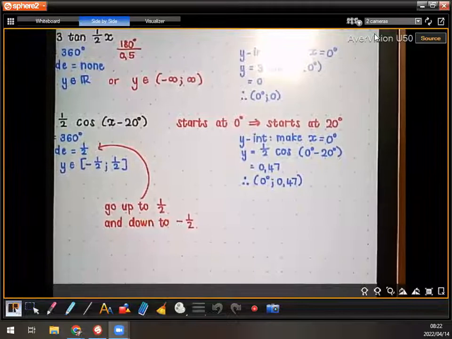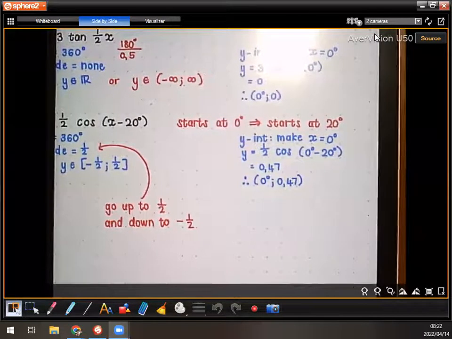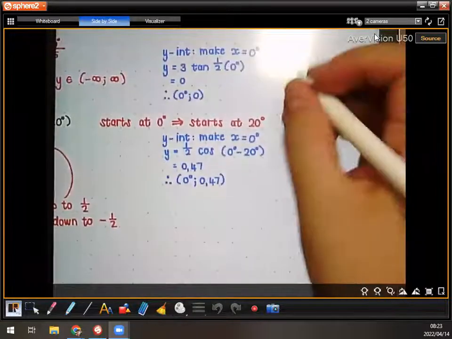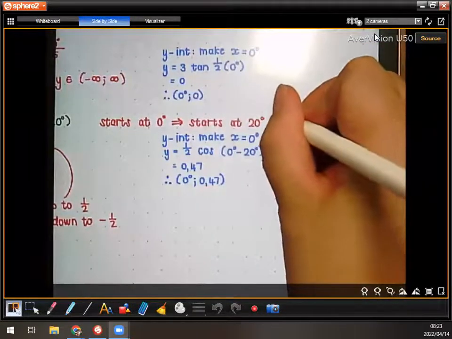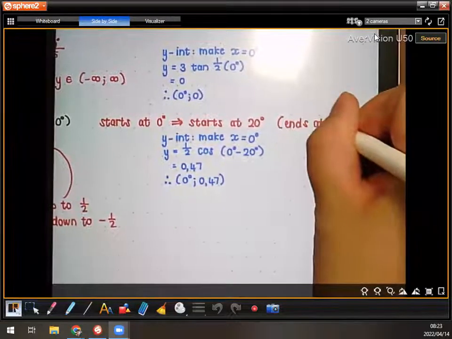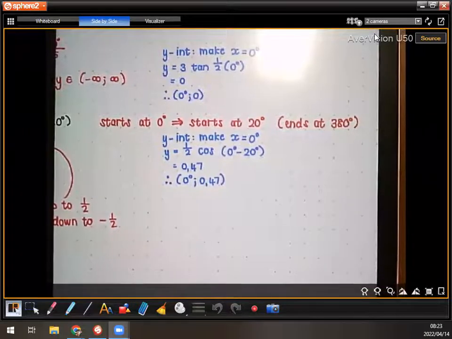So if you want to use the calculator, your starting value is going to be 20 and your end is going to be 380. From 20, 360 degrees. I'm not going to do it now on the calculator, but I'm just going to write here, ends at 380. If you wanted to use the calculator, those would be the start and end values that you use.